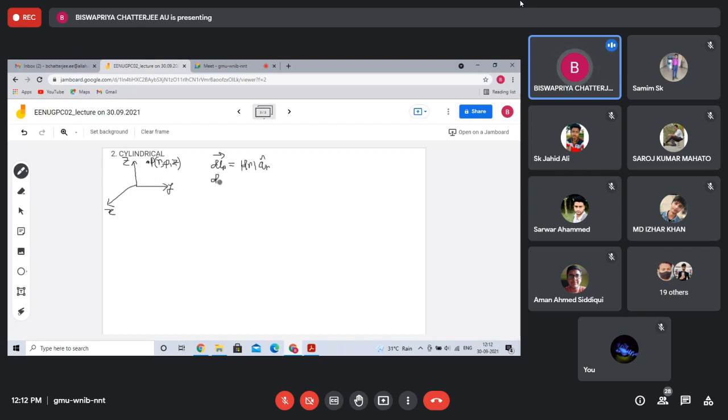Differential line element along the phi direction is a little different. It should not be d phi a phi cap.